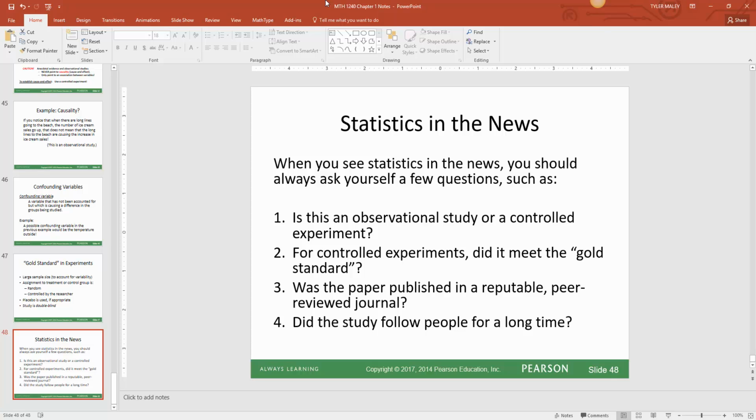For example, if I want to publish in a statistics journal, then a panel of statisticians would be the peer review, and they would review my article and critique it before it could be published, right, to make sure that it's high quality, good material, something that's truly publishable and everything is very sound, right? And then number four, did the study follow people for a long time, right? So you want to think about the length of time also with that, right?